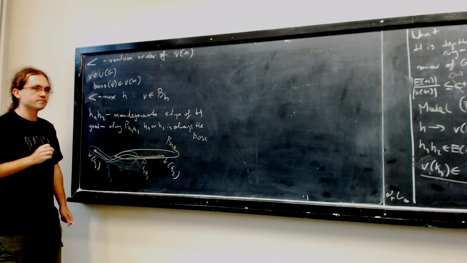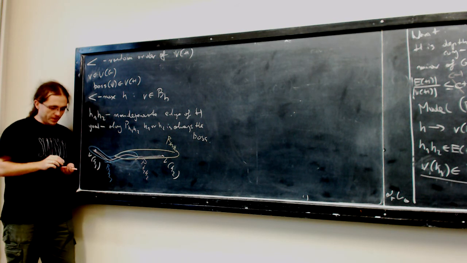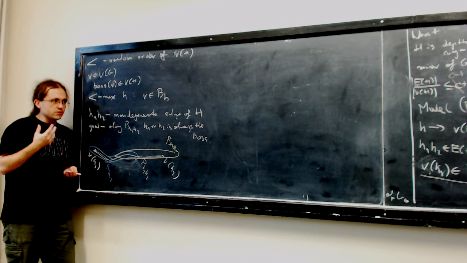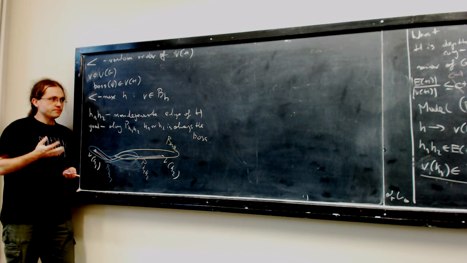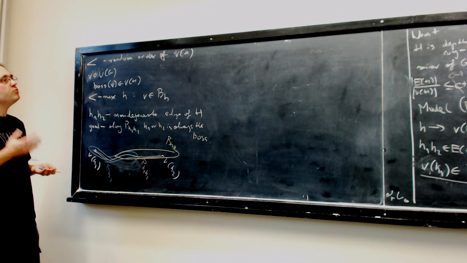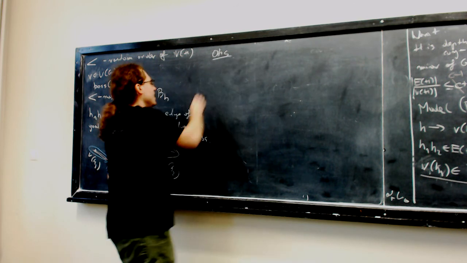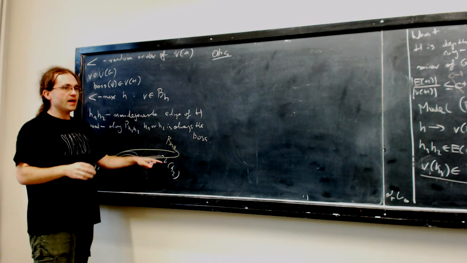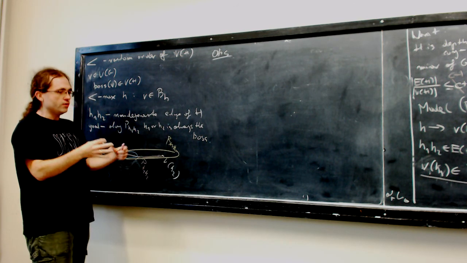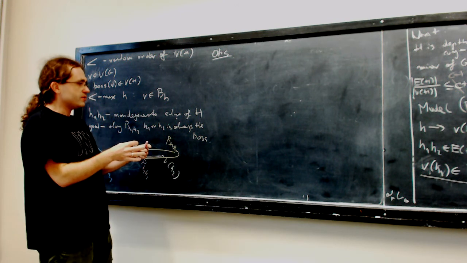Okay? And I want to say the following. We now need two observations. The first observation is as follows. I want to take V of H2 and contract onto V of H2 everything that I can contract where H2 is the boss.